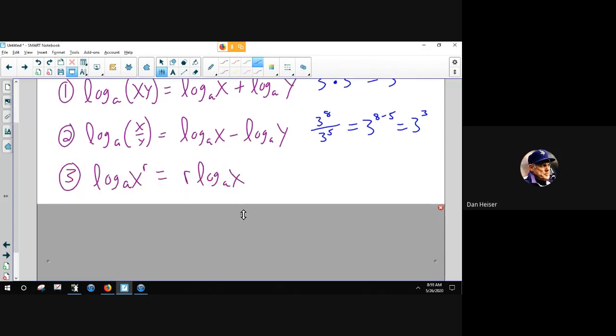And then the final property, log of some base. Here I have something to a power. We can move that power out front and multiply whatever that power is by the log base a of whatever we have. So for instance, 3 to the 8th to the 6th.